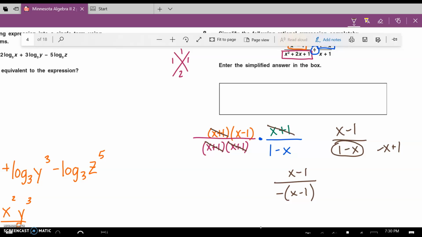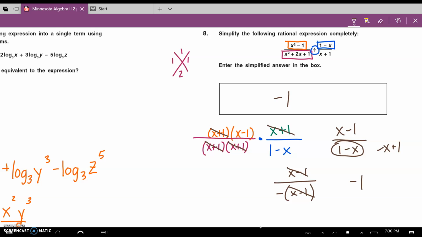So if I have an x minus 1 on top and an x minus 1 on bottom, they cancel. So then I just have a negative, and there's understood to be a 1. So my answer is just going to be negative 1. Everything cancels out except for 1 negative. Okay? So try it. Sometimes it just takes some manipulating. You've got to make things the way that you want them to be.